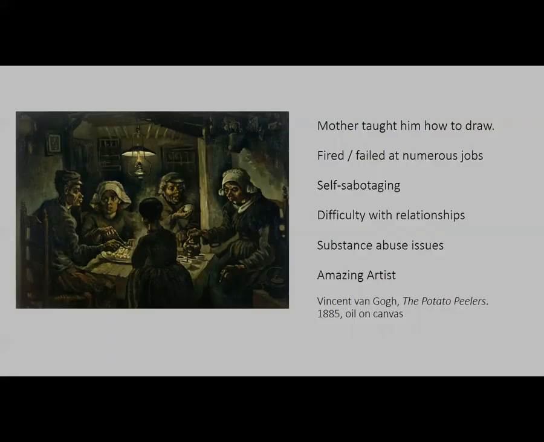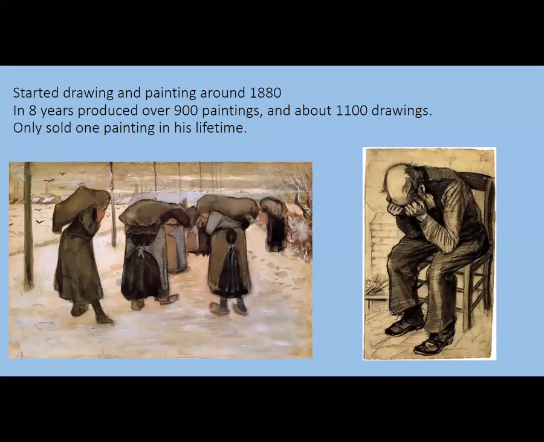After he lost his job as the evangelical minister at the coal mine, he started drawing and painting, and he took classes, and these paintings all had to do with his memories of working with the coal miners.